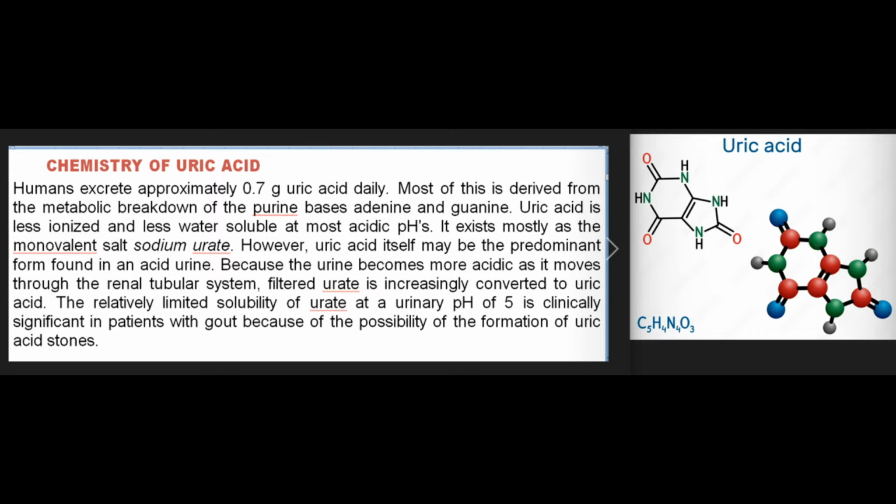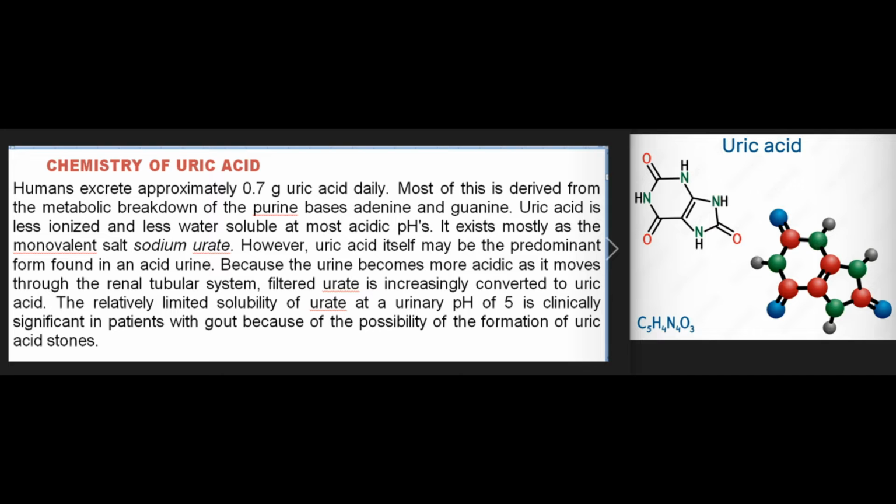Chemistry of uric acid. Humans excrete approximately 0.7 g uric acid daily. Most of this is derived from the metabolic breakdown of the purine bases adenine and guanine. Uric acid is less ionized and less water-soluble at most acidic pHs. It exists mostly as the monovalent salt sodium urate.